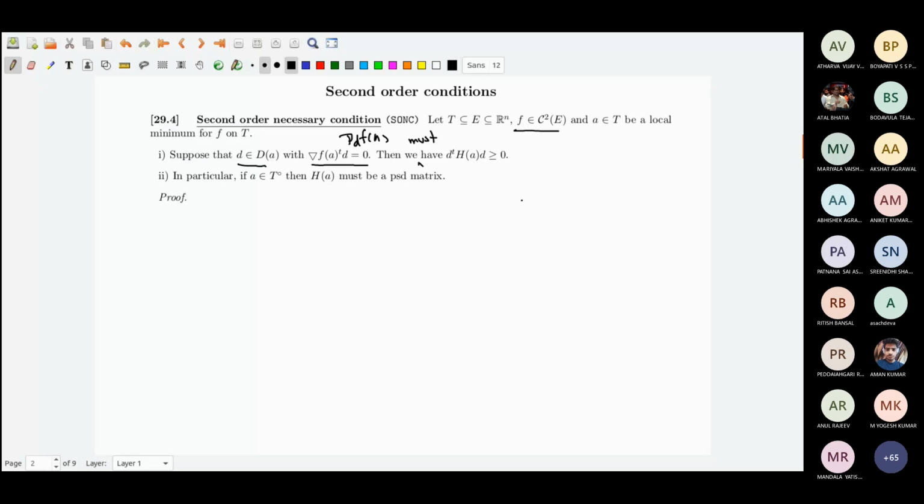Now that D is in DA, that means in that direction I can travel a little bit and still stay inside the set. So we assume that A and A plus delta D, there is an amount delta I can travel that far in the direction of D, and this is inside the set.